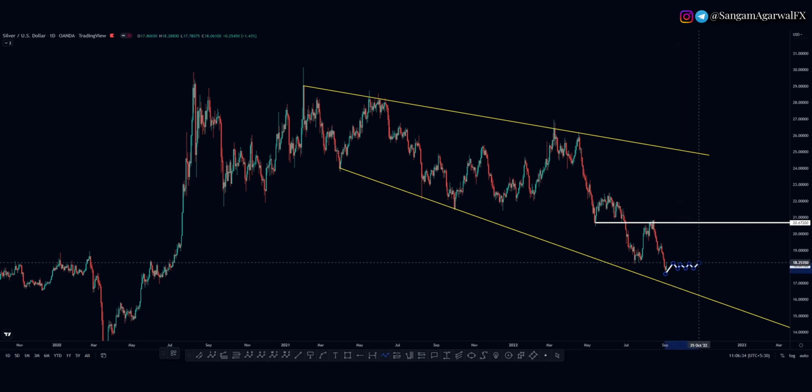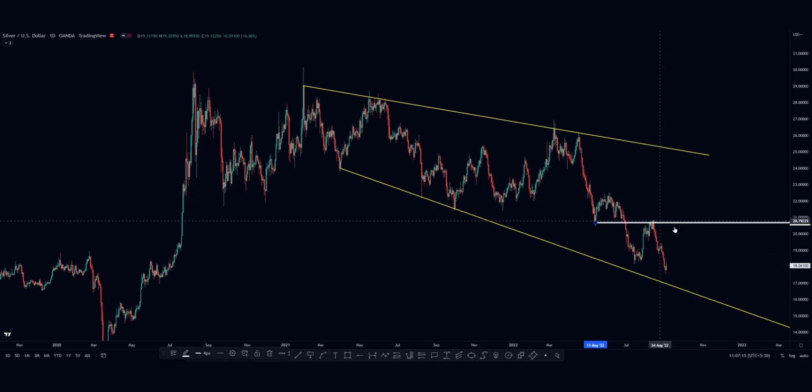Till then it can make a sideways correction, then retest during FOMC, which is in the end of the month, or in November FOMC, when Fed will change its tone for its monetary policy. But this lower trend line is your dynamic support, and this horizontal support has now become resistance, and this is your static resistance $20.